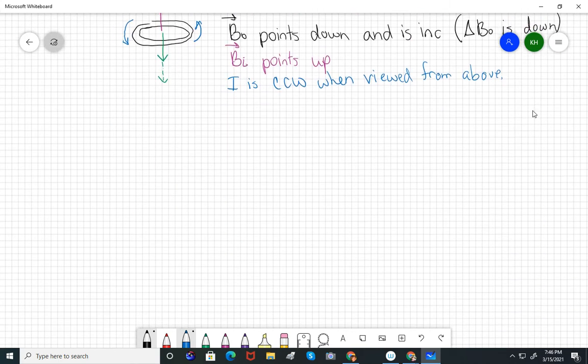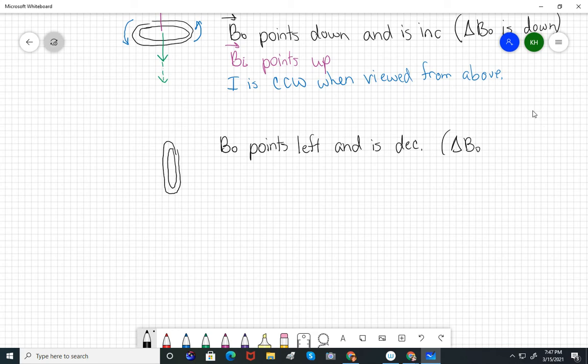Let's look at some more possibilities. What if we have one like this? If I tell you that the original magnetic field points left and is decreasing, that means the change in that original field is to the right.